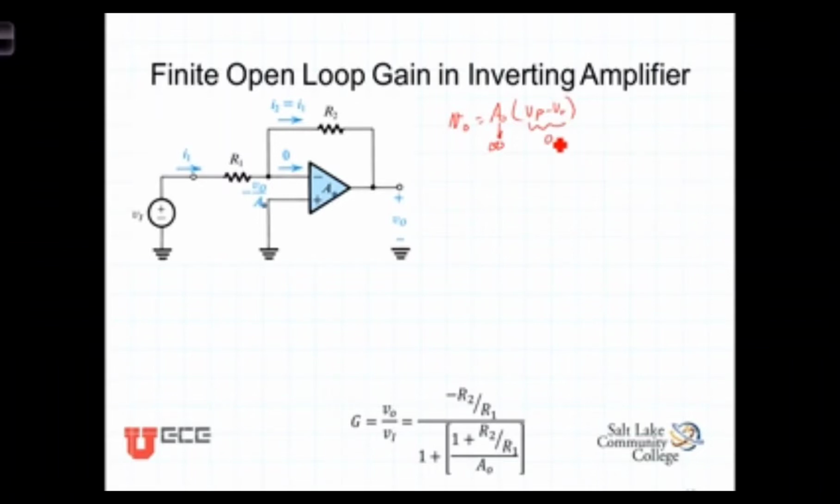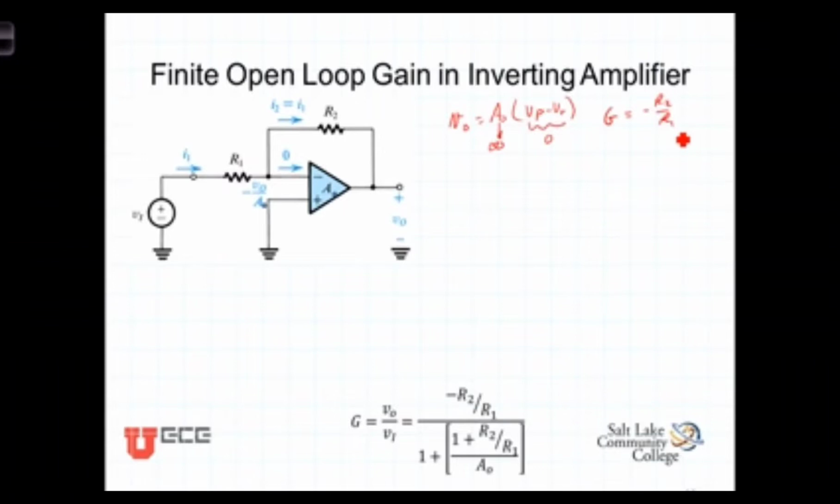And so we have this indeterminate form, infinity times zero, but we calculated the gain using these ideal op-amp approximations. We found the gain to be negative R2 over R1. But in this video, we're going to look at the effect of a finite A0.